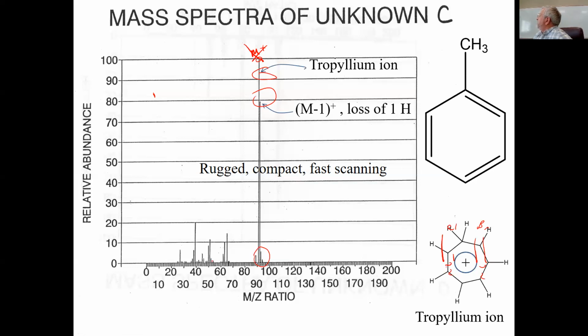Let's try to go over here to the plus part. I'm going to erase everything. So what happens is you lose one of these hydrogens, and this carbon goes down into the ring and forms this very stable aromatic. It just pushes the positive charge around.